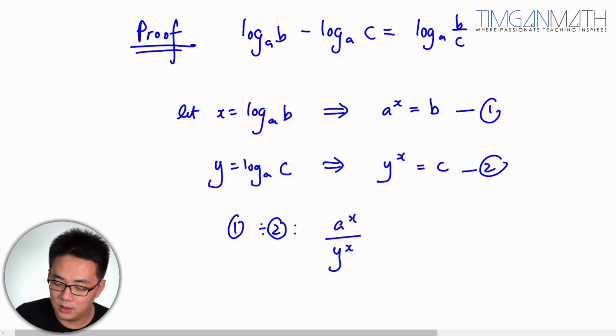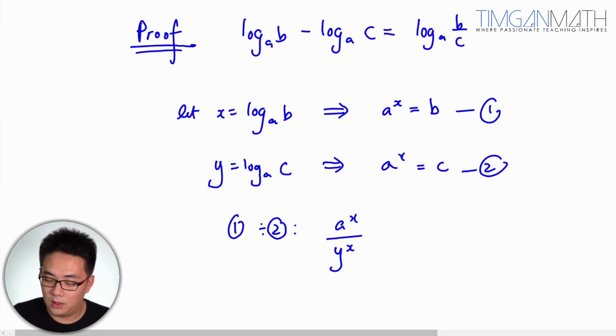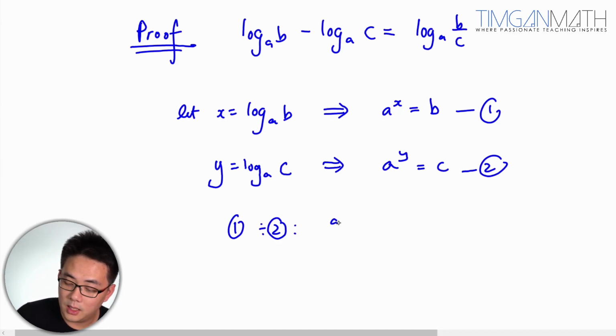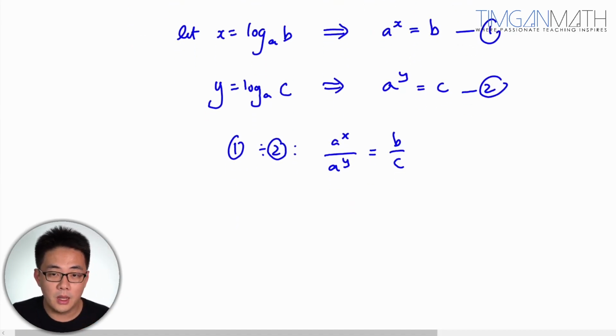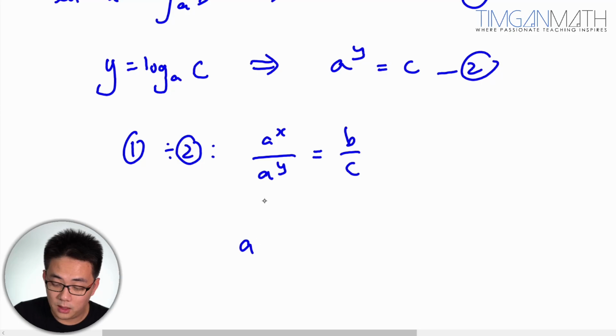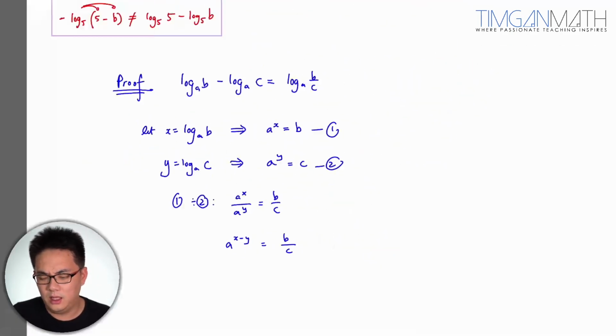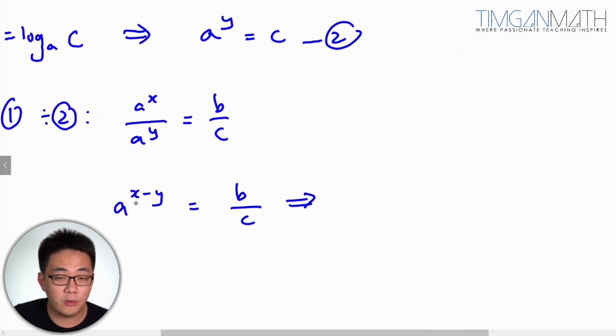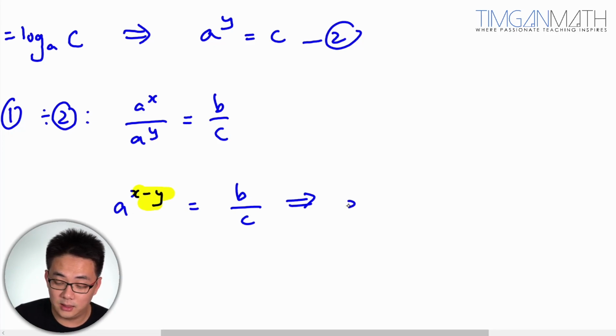My bad, so this is a to the x over a to the y equals b over c. After which you get a to the x minus y equals b over c. I think it's pretty okay. So what we're going to do next is to change this to a logarithmic form. Remember, the logarithmic form is to make the indices the subject.